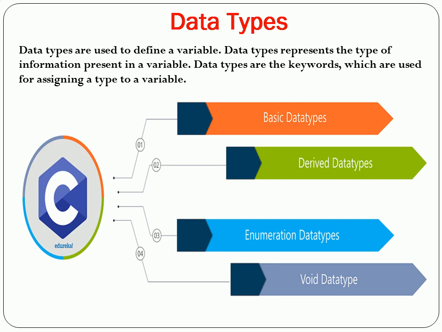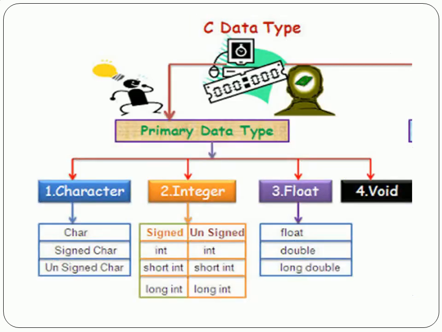C programming has categorized data types into basic data types, derived data types, enumeration data types, and void data types. Basic data types, also called primary data types, are predefined by the programming language and named by reserved keywords.